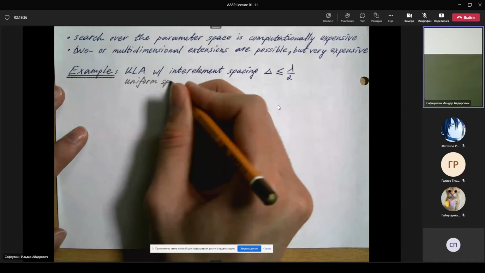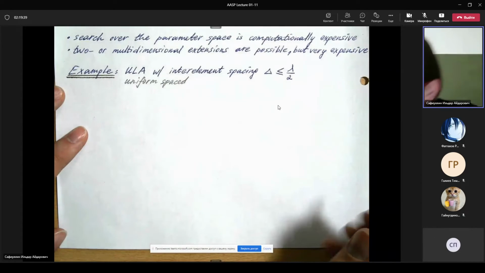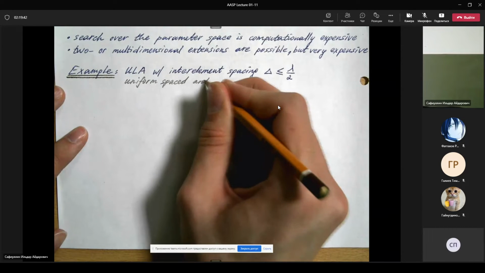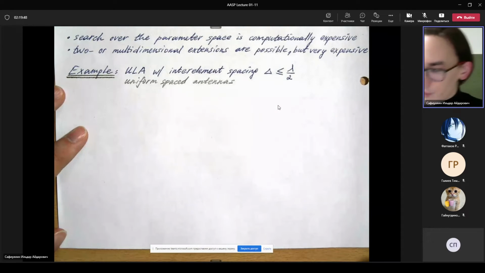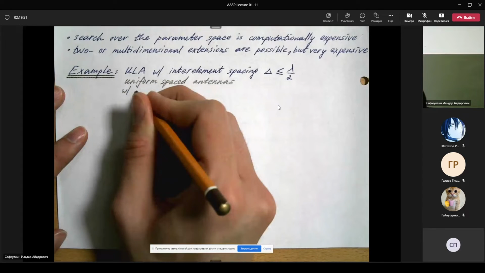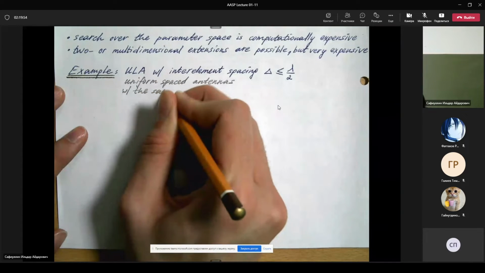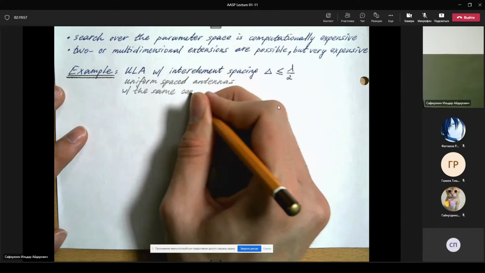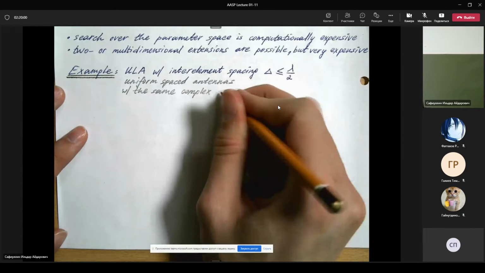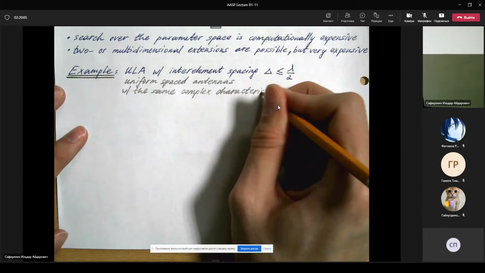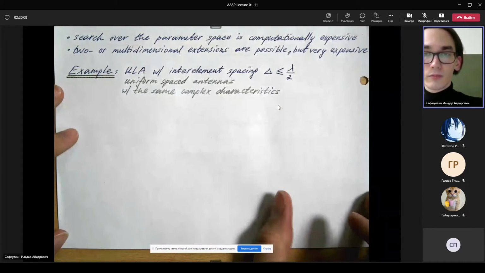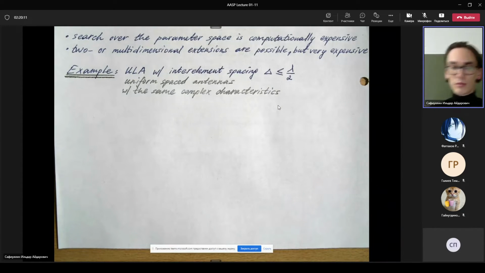So uniform spaced antennas with the same complex characteristics. So we use the same sensors and we put them at the same distance between each other.